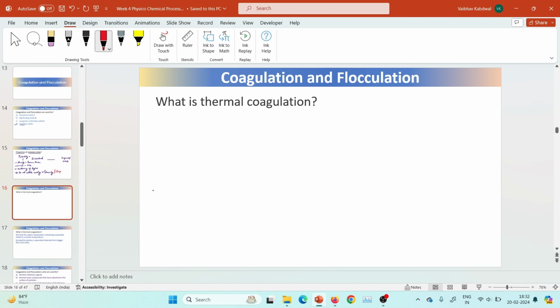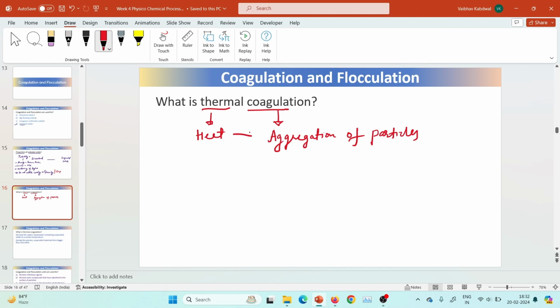What is thermal coagulation? Thermal means heat. What is coagulation? Coagulation is nothing but aggregation of particles.